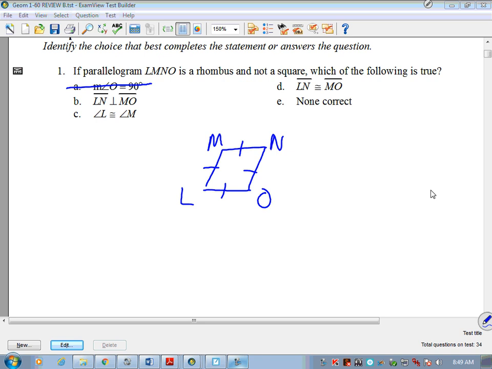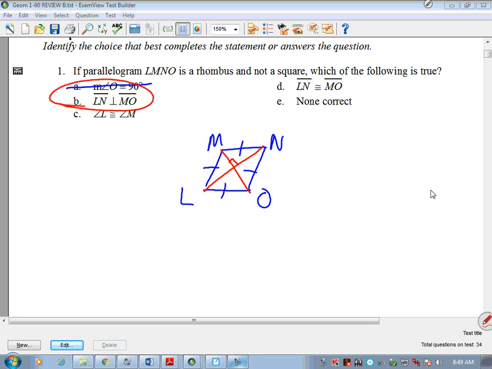It says that LN is perpendicular to MO. All right, LN is perpendicular to MO. Well, those are diagonal lines, and in a rhombus, the diagonals are perpendicular. It does not have to be a square.